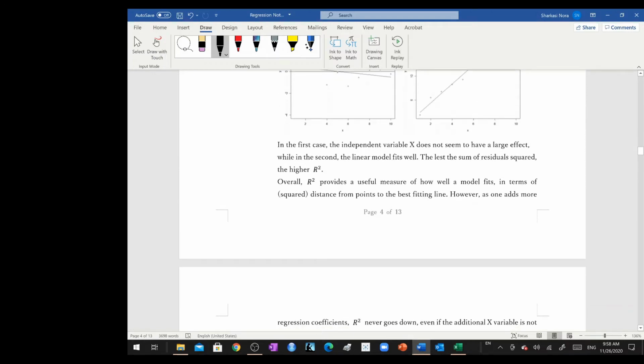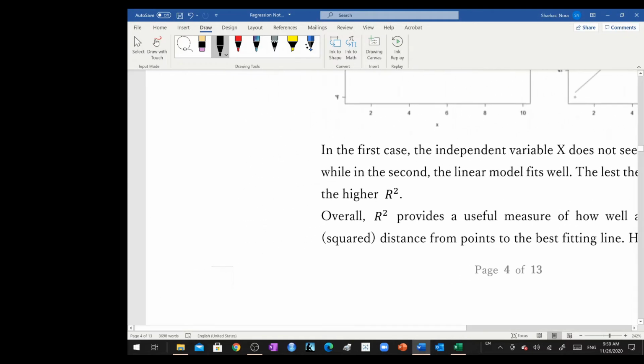Basically, there is a very interesting example on why I always say that R-squared is not as good as the standard error to measure the goodness of fit. I always say the best measure of the goodness of fit is actually the standard error.